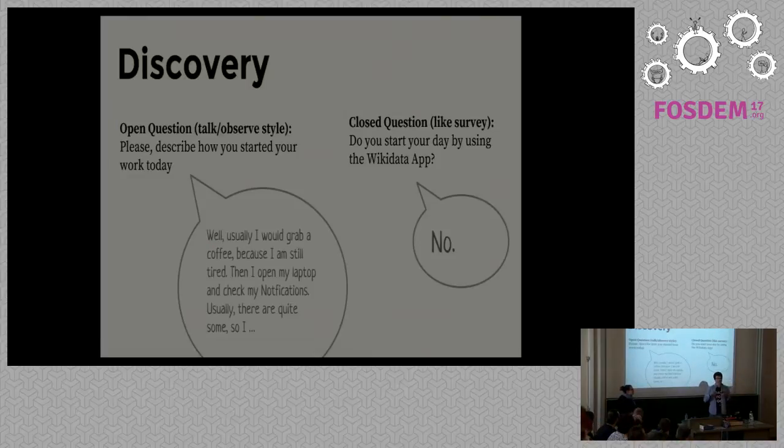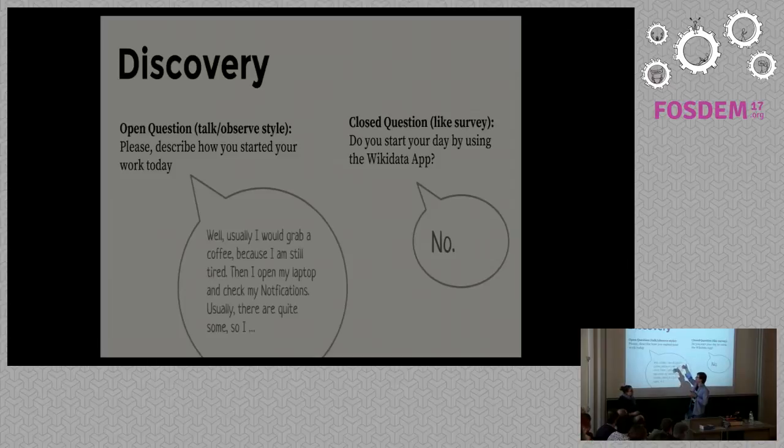So typically what often pops up is, let's do a survey, let's just ask single questions, but those are often so-called closed questions that allow only a small range of answers, like do you do this or that, or would you like that, and then you get a single word answer like no. But what we actually want is to get to know new things that we don't know about yet and be surprised, so we strive to ask open questions in a sort of conversation and observing the user style.